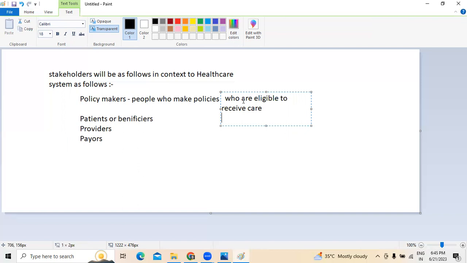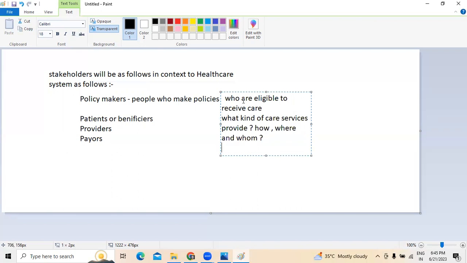Next, the second point: what kind of care services are provided. At the same time, we must know how, where, and to whom. Understood? Clear, Shalini? This is the second point.